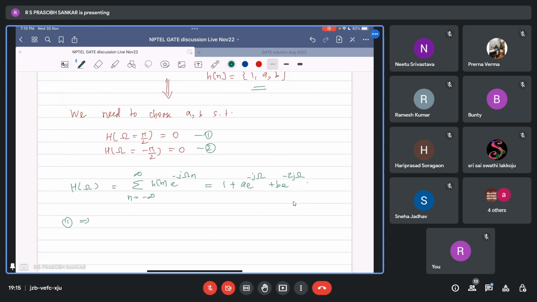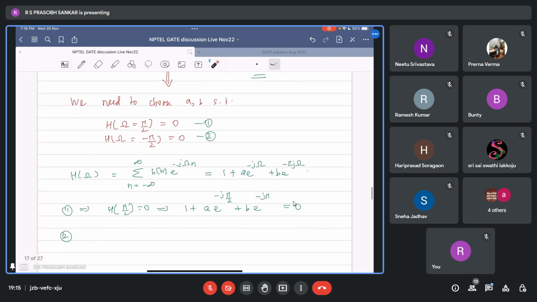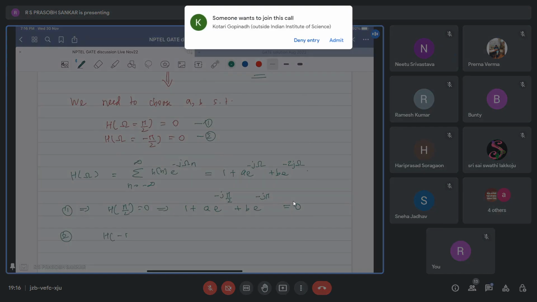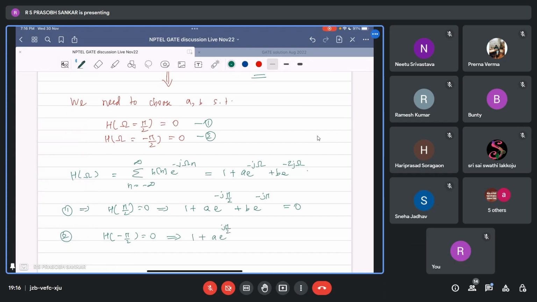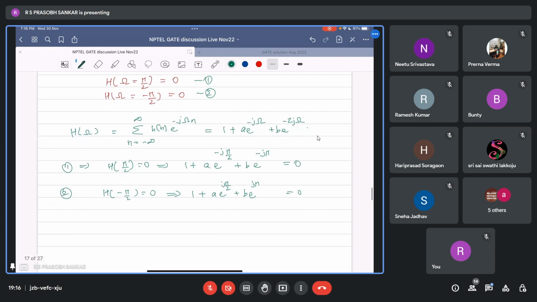So equation 1: H of pi by 2 should be 0, which implies 1 plus a e raised to minus j pi by 2 plus b e raised to minus j pi should be 0. Similarly, the other equation: we need H of minus pi by 2 to also be 0. So what does this mean? This means we have 1 plus a e raised to j pi by 2 plus b e raised to j pi. This should also be 0.